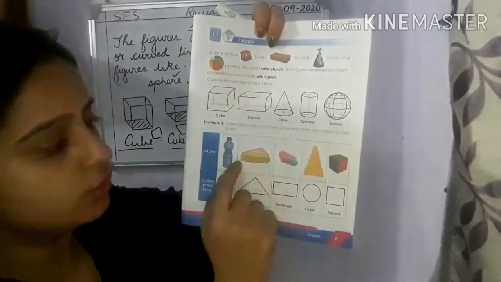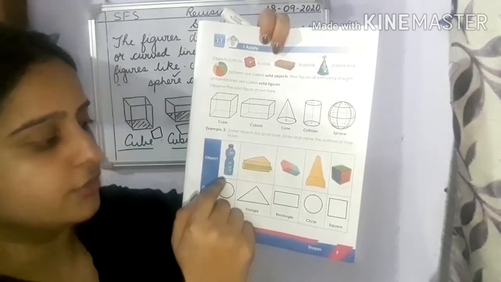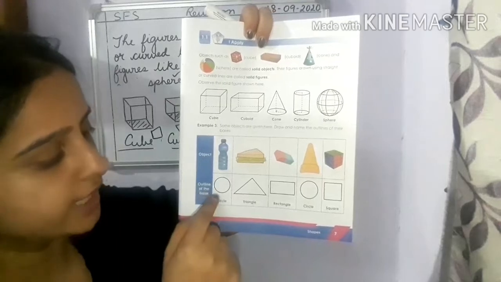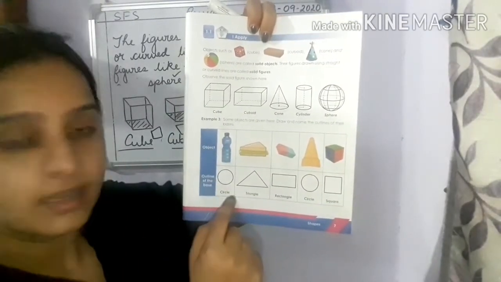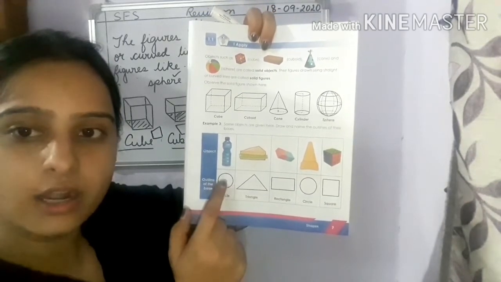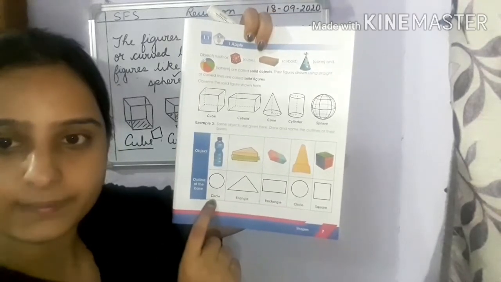Okay, so if you keep this bottle, if you draw the outline of the base, what will you get? Round, isn't it? Then what does it call, children? This is your flat figure and it is called circle.